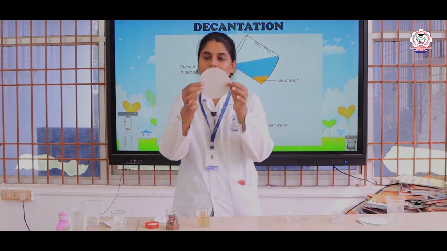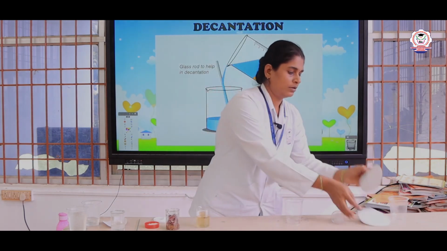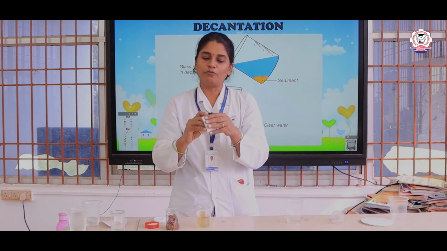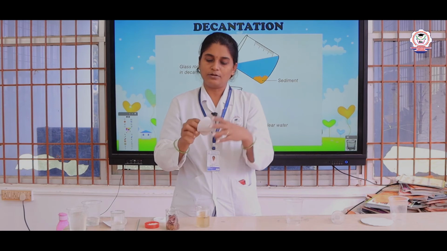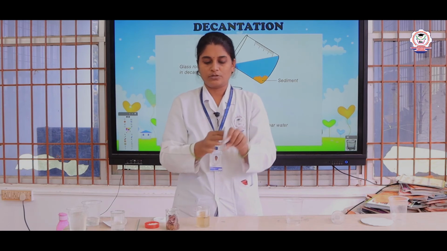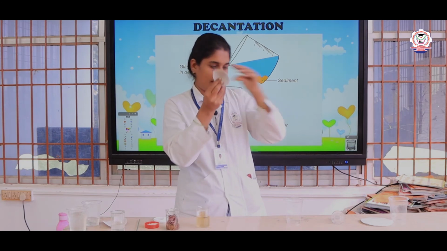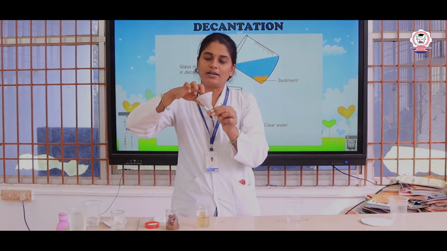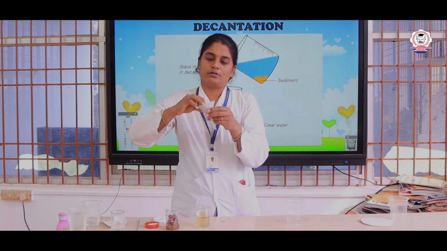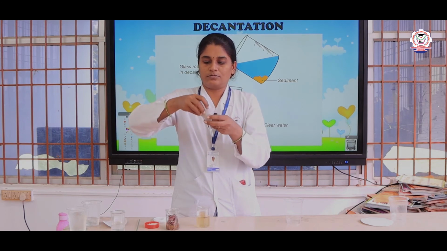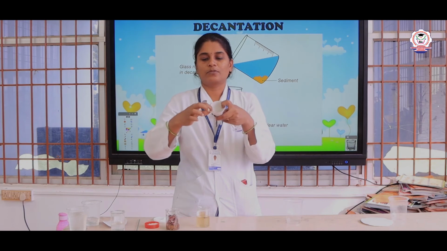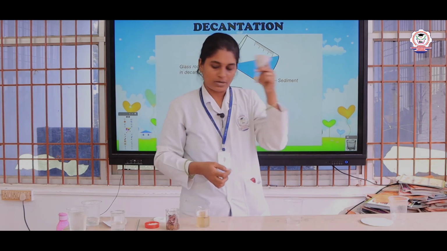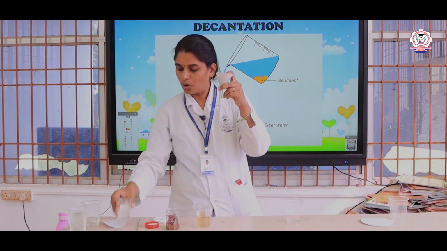This is a filter paper, which I have to fold into a cone shape, like this. And I need a funnel. This is a funnel, and I am keeping this funnel. Now I have the filter paper and the funnel, and I am going to separate the water easily.